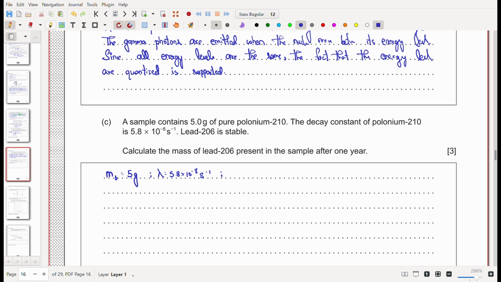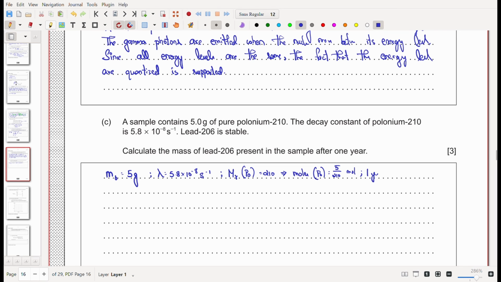Now, here's where it gets a little bit tricky. We're going to use the molecular mass of polonium as 210, and with that we're going to find the moles of polonium, which is 5 by 210 mole. I'm going to leave it like this for now. Maybe I'll switch it up later.